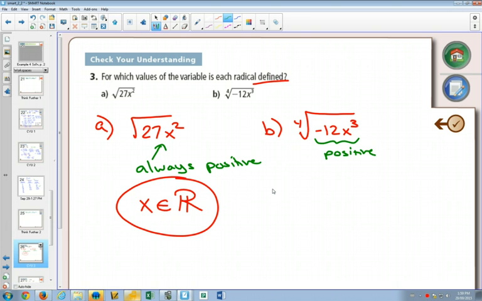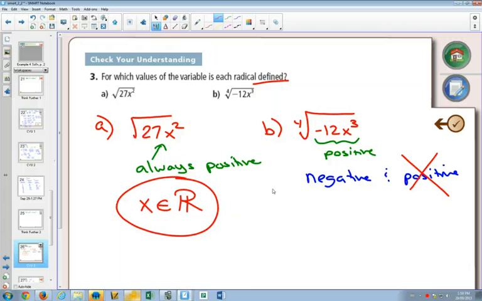The idea for these questions is usually you're going to check both negative numbers and positive numbers. In this example, when I checked a positive number, I get a positive x cubed times negative 12, which will be negative, and I can't take the fourth root of a negative number, so all positive numbers are bad.